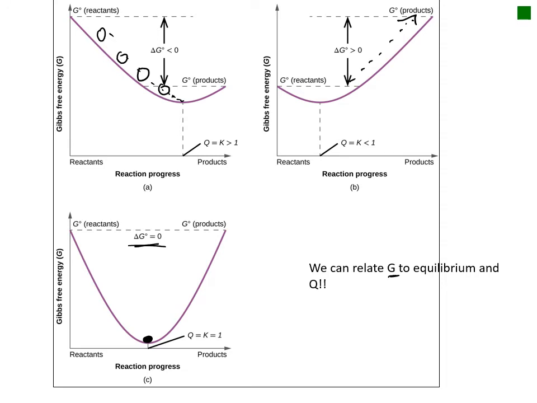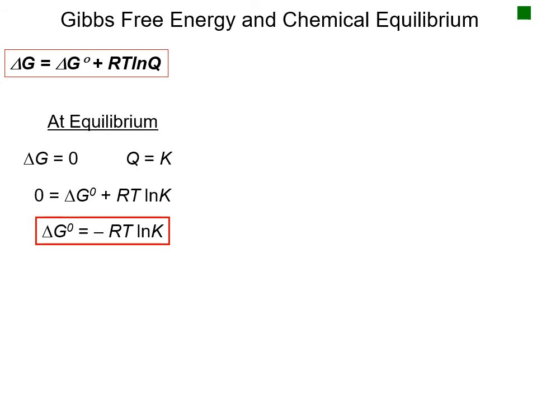So delta G equals 0, we're at equilibrium right here, and we can see how far off we are using our reaction quotient. So given that delta G is equal to delta G naught plus RT times the natural log of Q, at equilibrium, delta G is equal to 0, Q is equal to the equilibrium constant K, and delta G naught is equal to minus RT times the natural log of K.